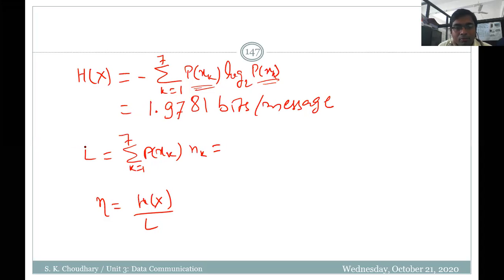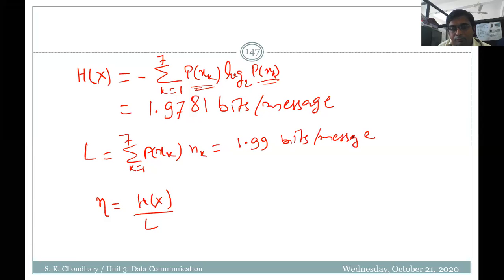Similarly, we can find the average code word length using this formula. You put 0.46 into 1, then 0.30 into 2, like that, according to the code word length and their probability. You can find the average code word length, and that comes to 1.99 bits per message.